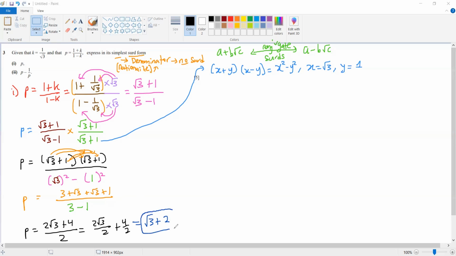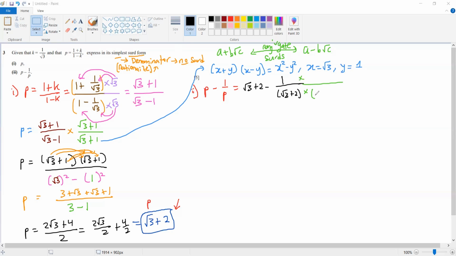Okay, let's do the second part here. We need to calculate p minus 1 over p. To do this, we use the value that we got for p. So let's write it like this: root 3 plus 2, minus 1 over root 3 plus 2. The conjugate for this is different because it's the denominator here, so we need to rationalize it as per the reasoning before.